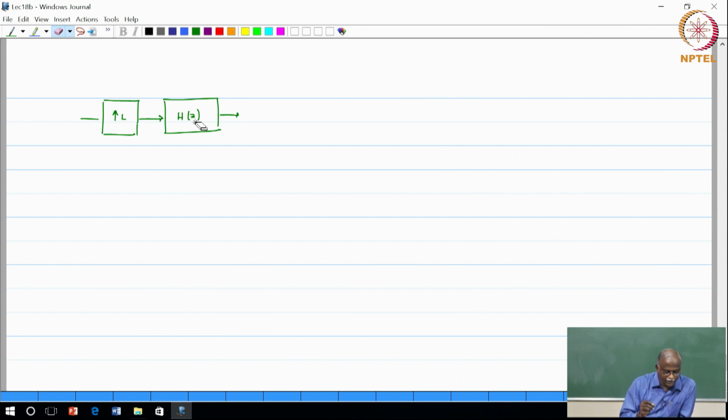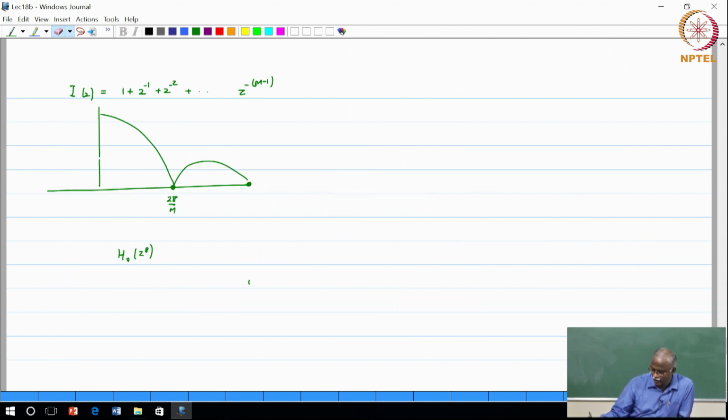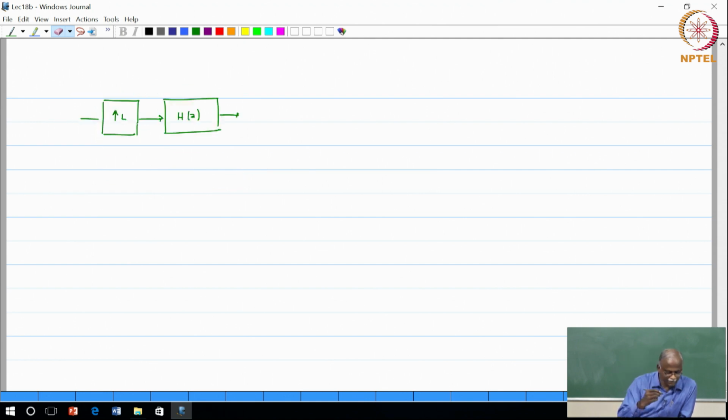Now, the key point is when you have a structure of this form, the filter that we just now talked about, this is a rectangular window, has got a lot of advantages, and how are the advantages highlighted? It is in the following way. So, if you have something of this form, 1 plus z inverse plus z minus 2 plus up to z power minus m minus 1, if you do a geometric series, what is this? 1 minus z power minus m divided by 1 minus z inverse.